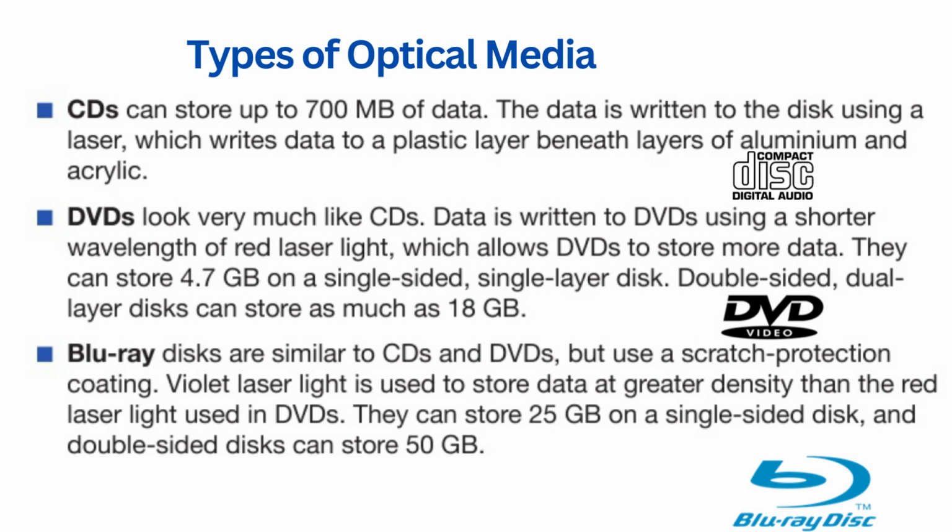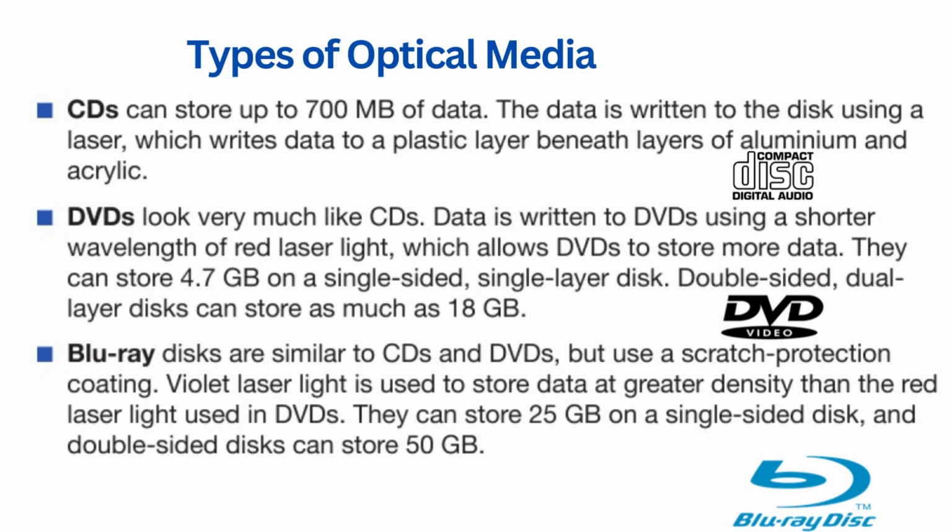And if we check Blu-ray, Blu-ray writes data using violet laser light. You remember, right? In CDs, we are using laser, in DVDs, we are using red laser light, and in Blu-ray, we are using violet laser light.